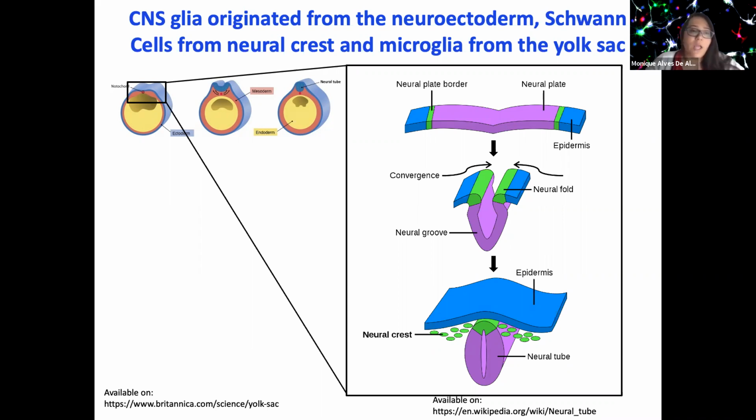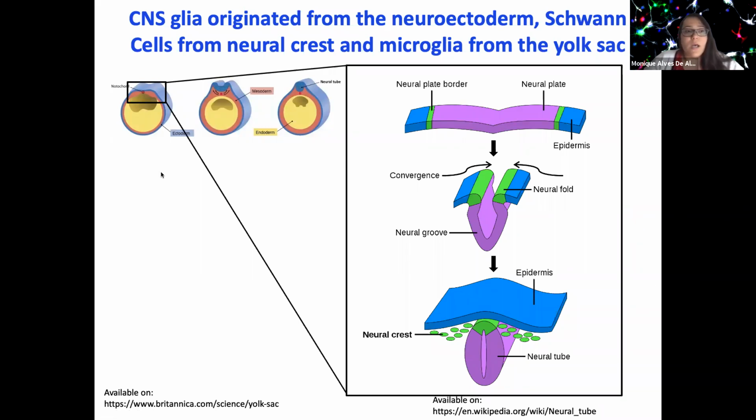The single layer blastula develops into a 3-layer structure termed ectoderm, mesoderm, and endoderm. So ectoderm is the outer layer in blue, mesoderm in red, and endoderm inner layer in yellow, each of which will give rise to different tissues in the human body.